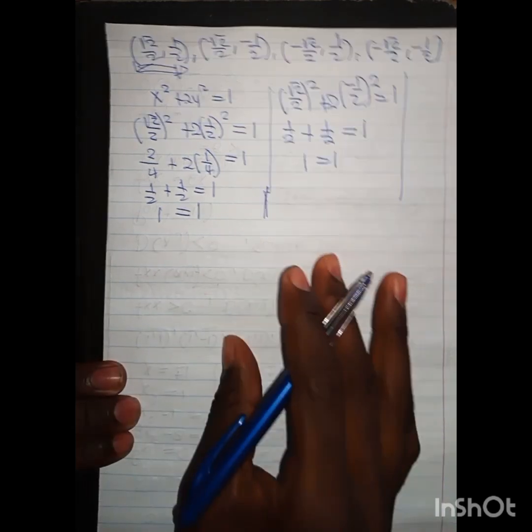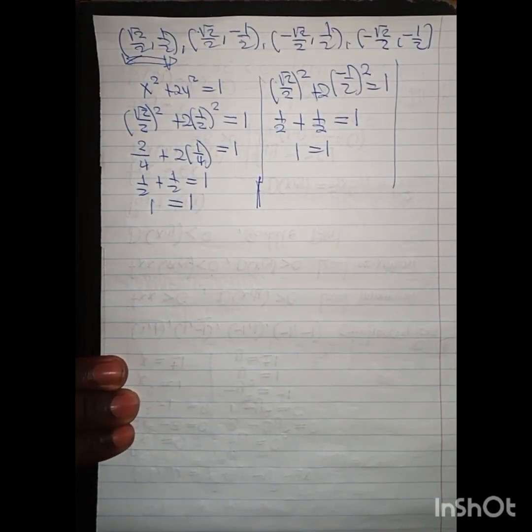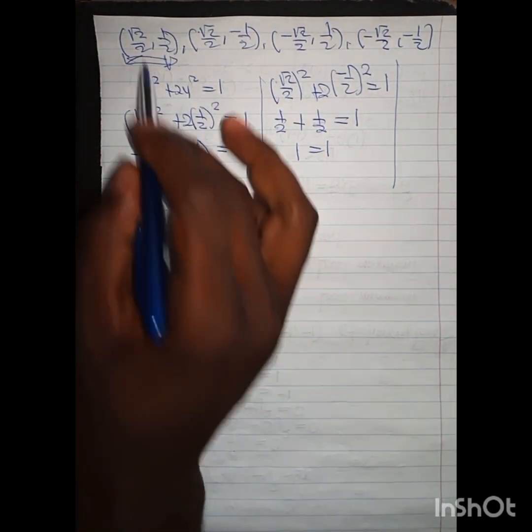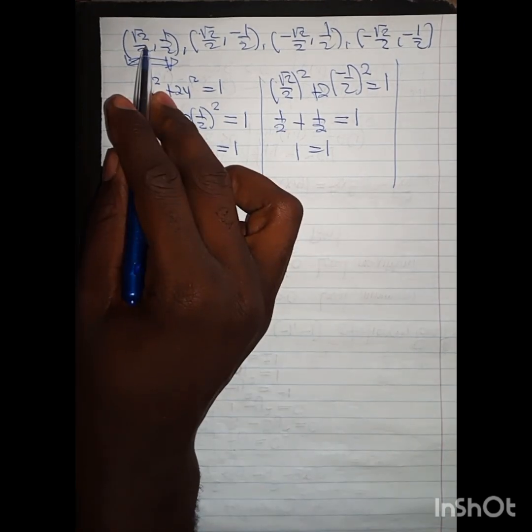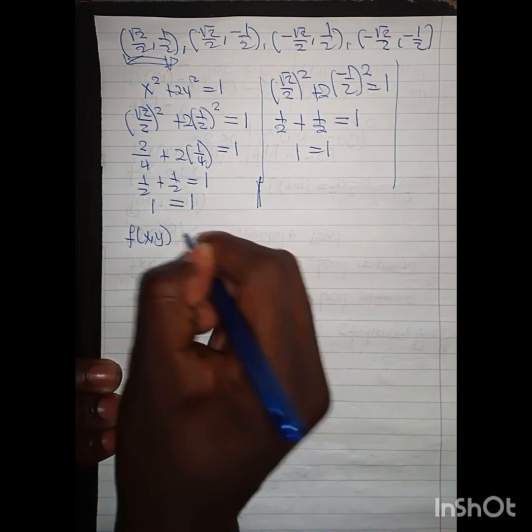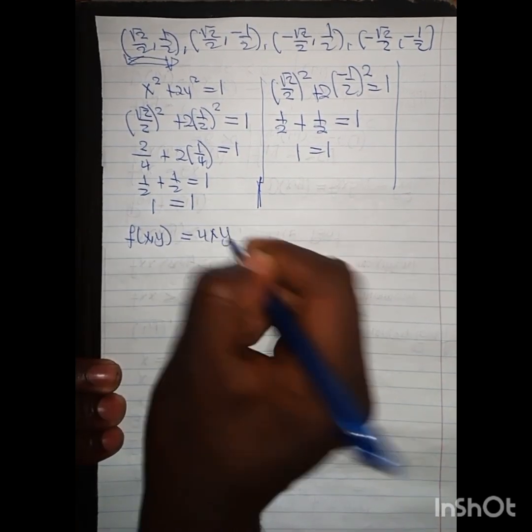And then we want to know which of these points are maximum or minimum. Let's look at the first point. We substitute the first point into the function of x and y. This is the function.